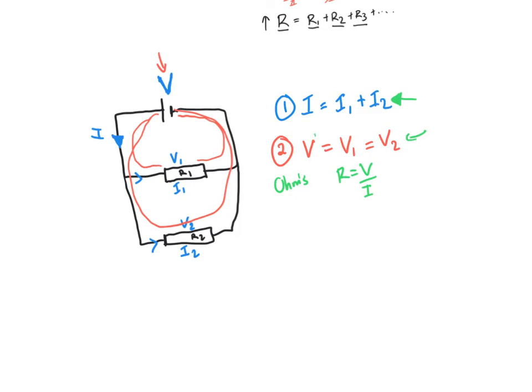For simplicity, I will label all potential differences as V, since they're all the same as well. So I will rearrange this equation for I. So I is V over R. So if I now substitute this expression into equation 1, then I will have for I, let me just rewrite it.